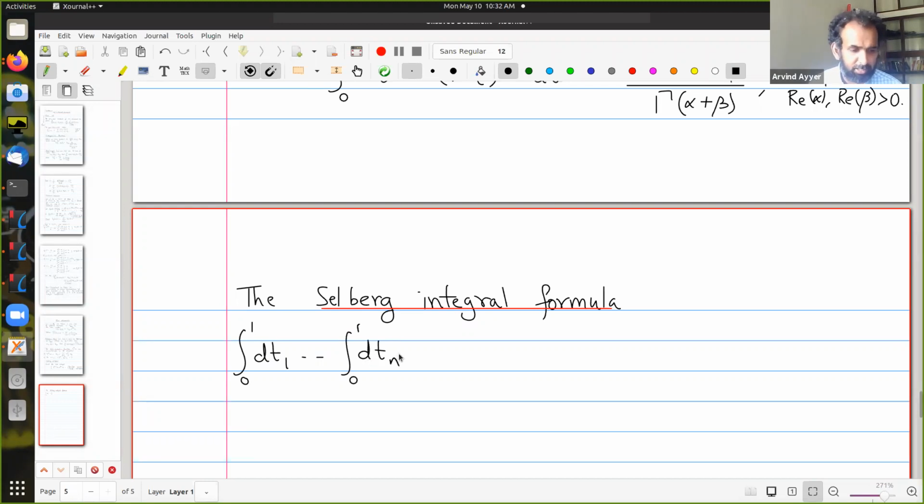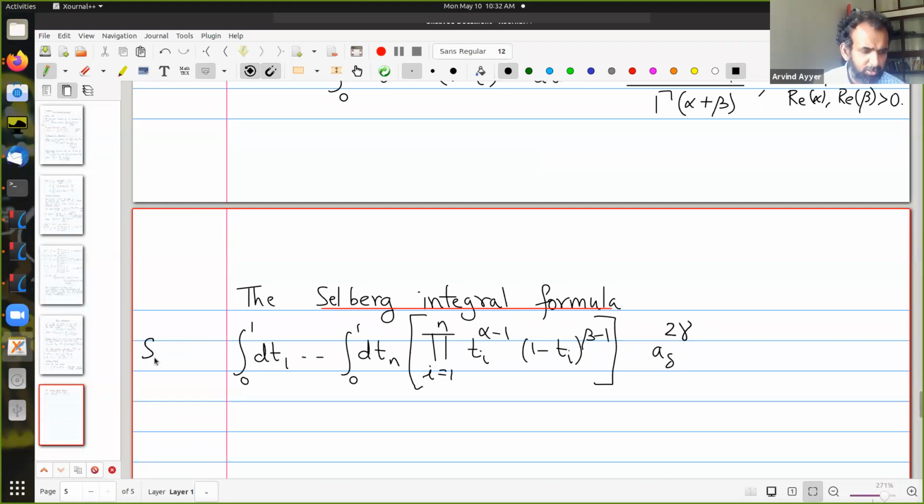So it's an n-dimensional integral. Product i equals 1 to n of ti to the alpha minus 1, 1 minus ti to the beta minus 1. And then I have this Delta, which is the Vandermonde raised to the 2 gamma. So there are 3 parameters here. So S n of alpha, beta, gamma is equal to this.